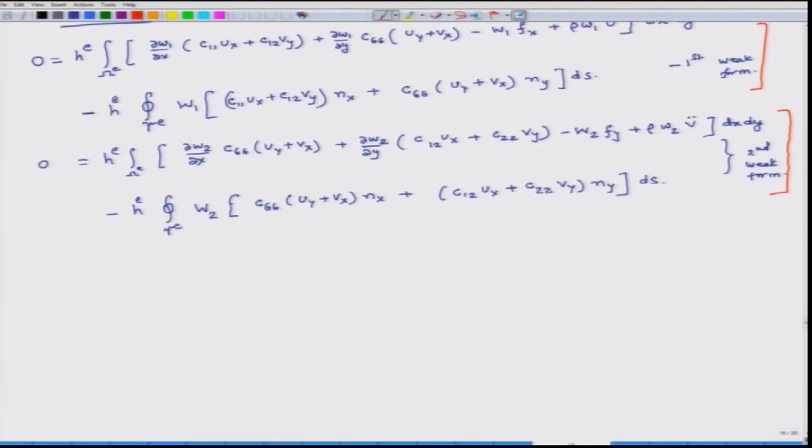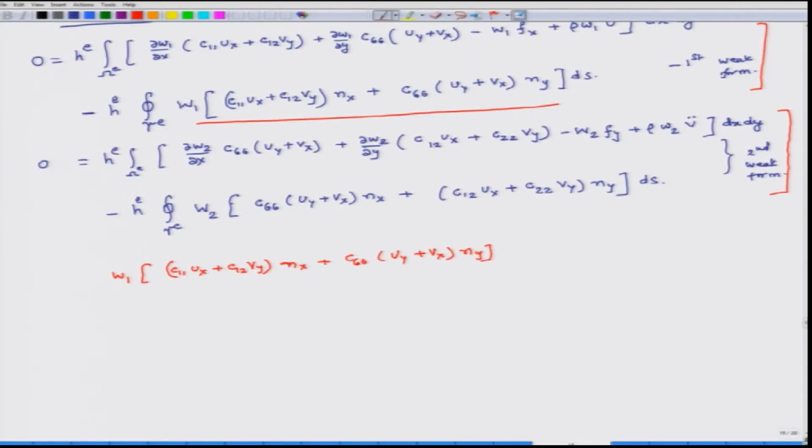Now, before we move further, we look at the boundary terms. In the first equation, the boundary term is W1 times C11 Ux plus C12 Vy, Nx, plus C66 Uy plus Vx, Ny.